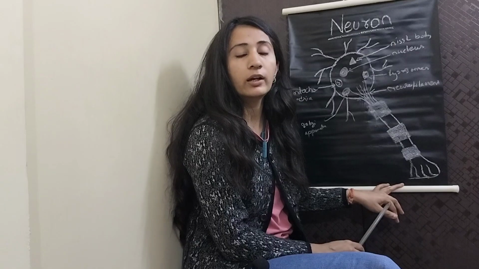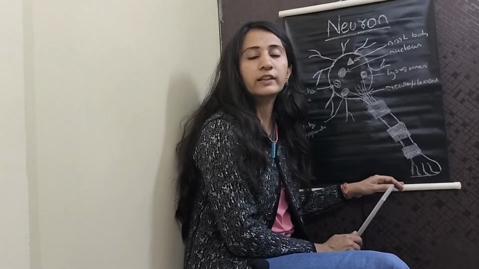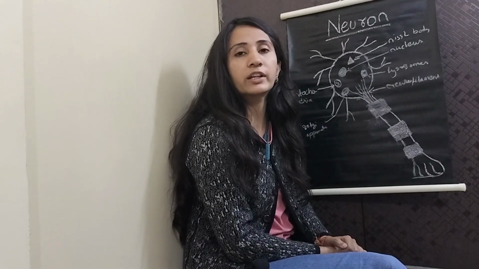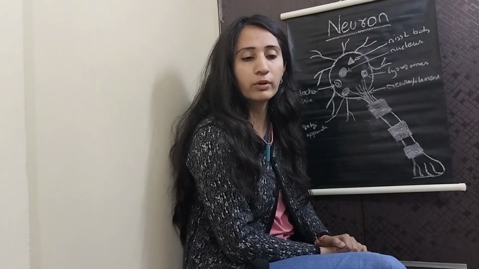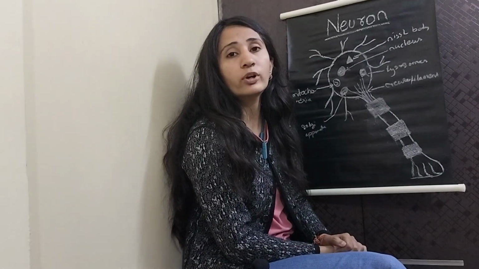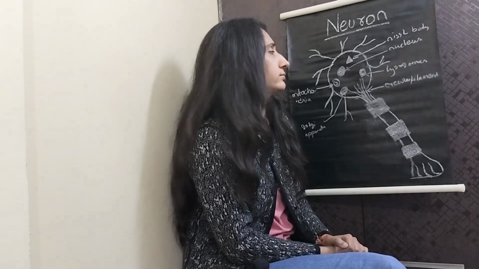Another fact about Nissl body is when they become fatigued over time, or they get injured, or they are about to disappear, then they go through a process called chromatolysis.